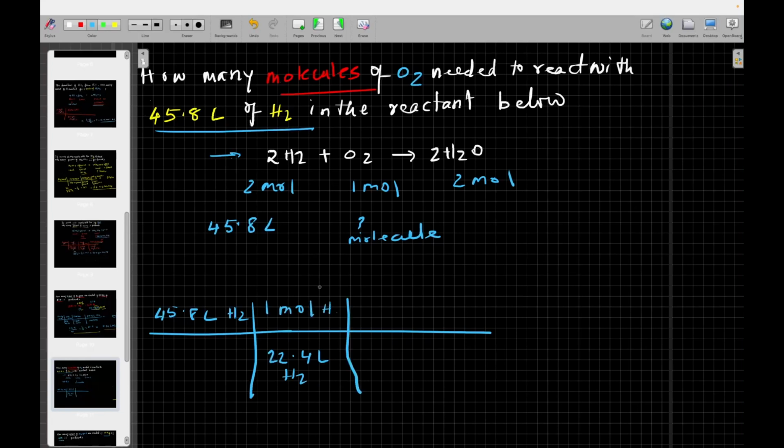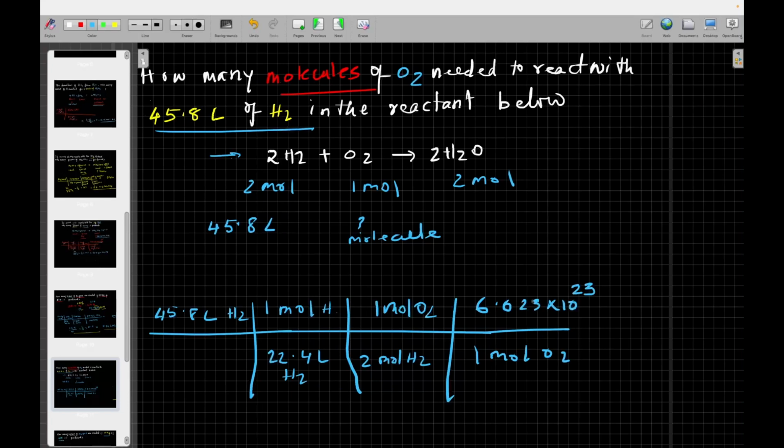The equation shows that 2 moles of hydrogen react with 1 mole of oxygen, and 1 mole of oxygen contains the Avogadro number of molecules.